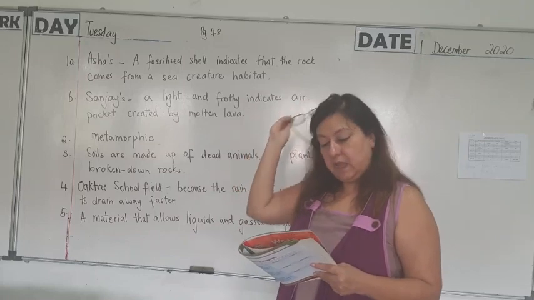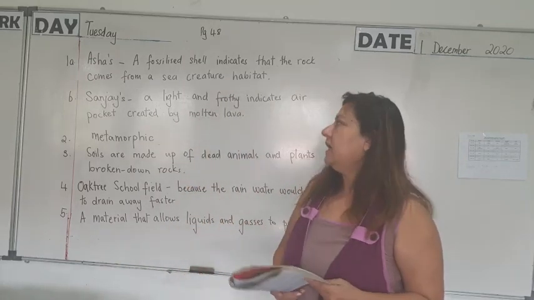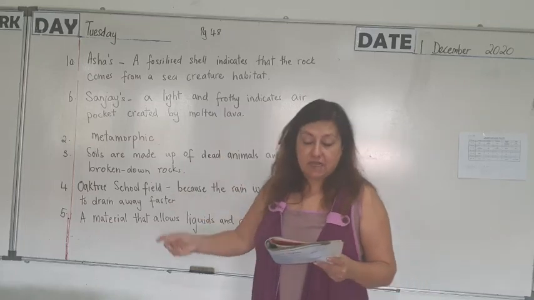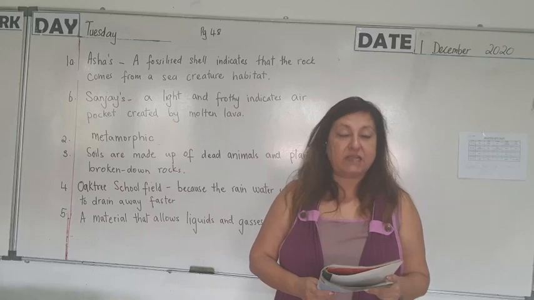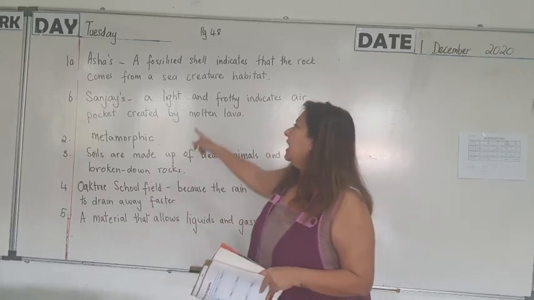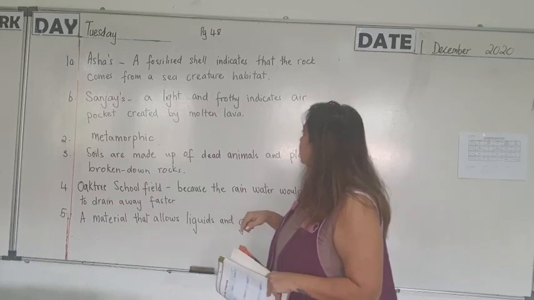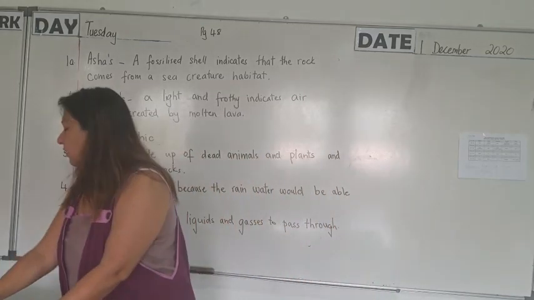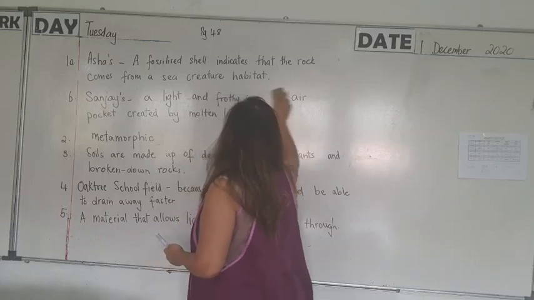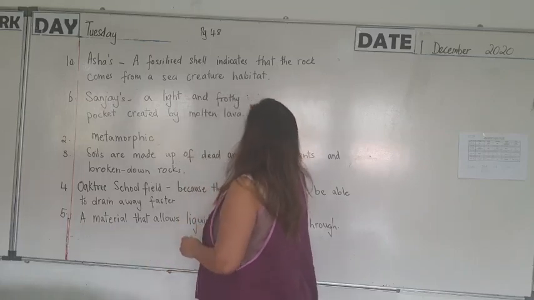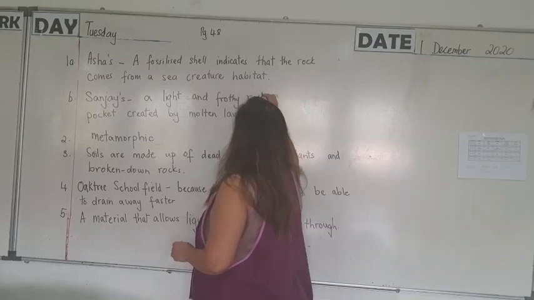Okay, B. Whose rock might have come from a volcano? Now, of course, that's Sanjay's. Why? Because Sanjay's rock is light and frothy and it's full of holes. So, a light and frothy rock indicates, sorry, I didn't put rock. Light and frothy rock indicates, or shows, okay?